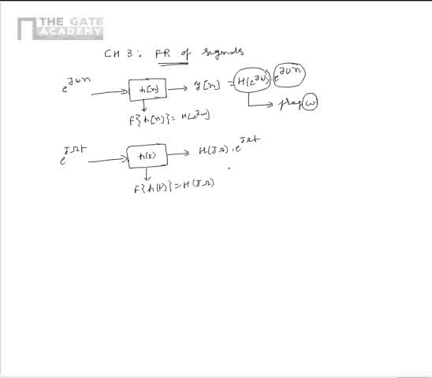So we see that for any LTI system, for an exponential input e power j omega n or e power j omega t, we can generically represent the output as shown.